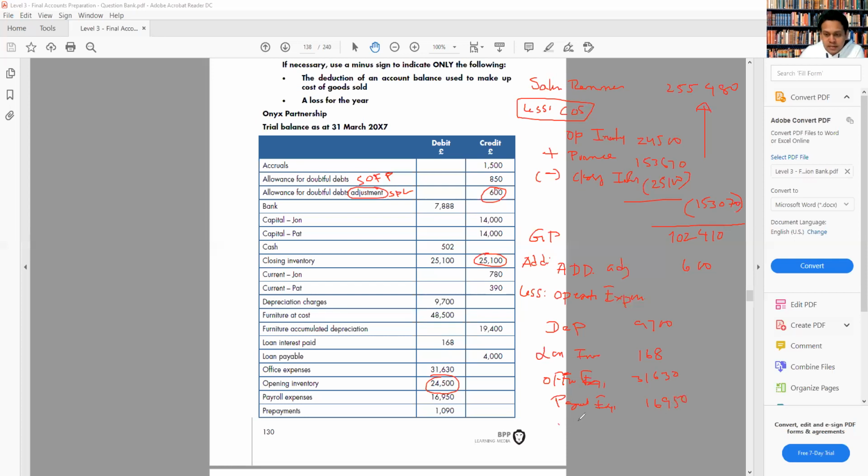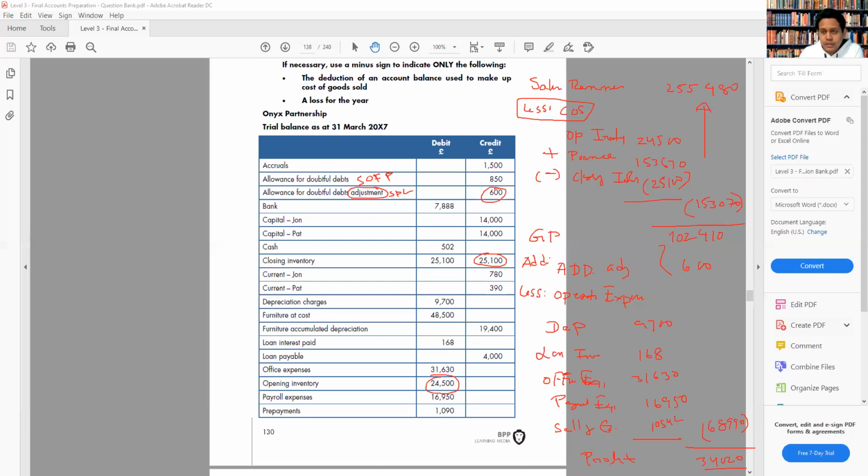Selling expense, 105.42, and the total is 68,990. Very good. And if I minus it from these two, that will give me the net profit, 34,020. That's my profit.